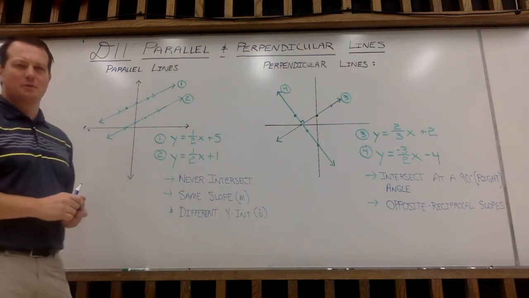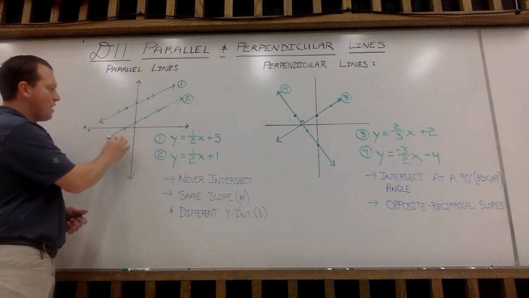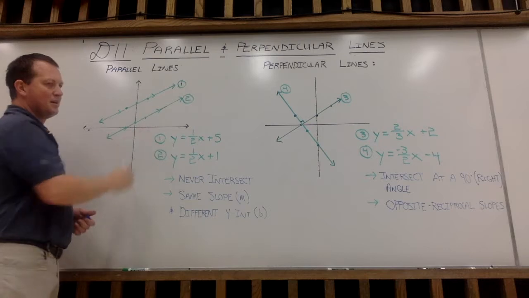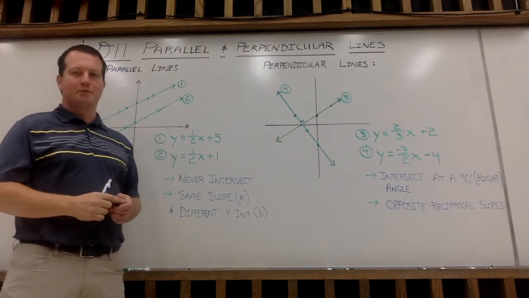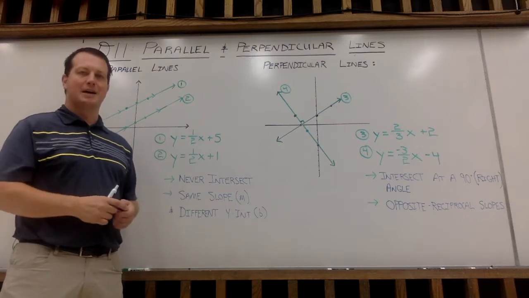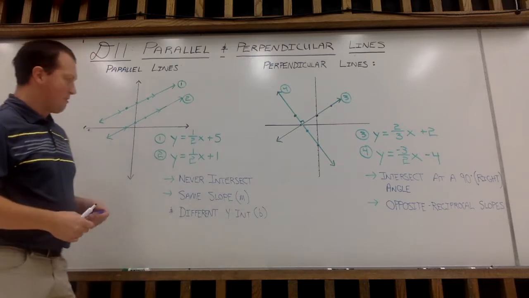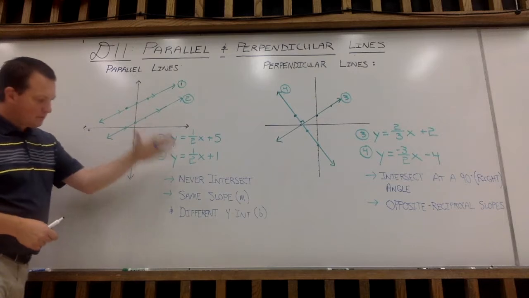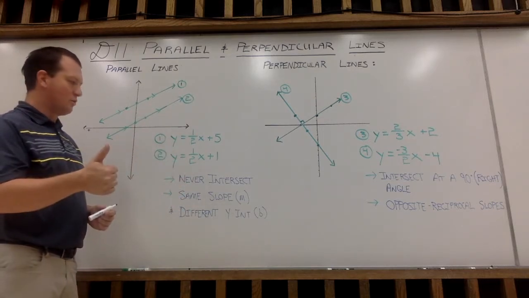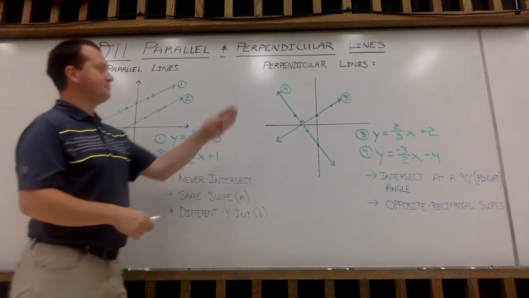Why do they need a different y-intercept? Well, if it was the same y-intercept and same slope, the two lines would be exactly on top of each other, and they would cross at infinitely many points, thus not being parallel. So there you have it. There's a visual. The nuts and bolts, again: same slope, different y-intercept.